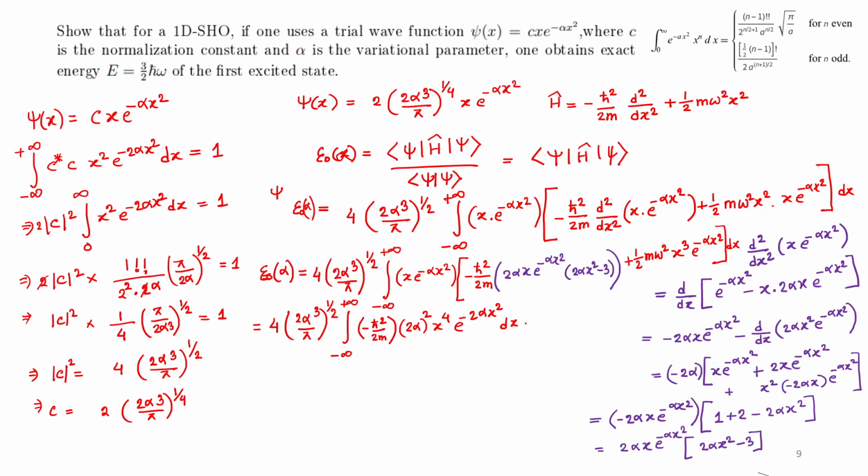Okay, one was that. Another is going to be 4 2 alpha by 5 half minus 20 plus 20, now minus h square by 2m, not 2 alpha square but 2 alpha, then it is going to be x square instead of x square, minus alpha x square, 2 alpha x square, multiplied by minus 3.